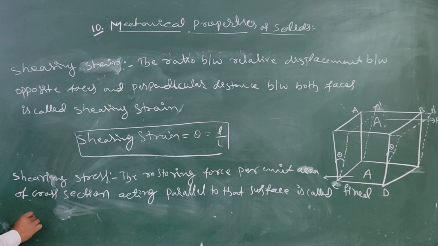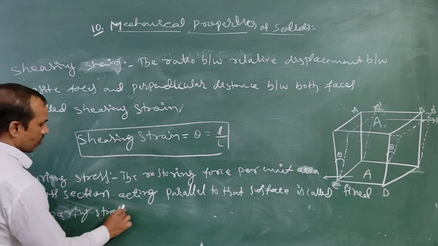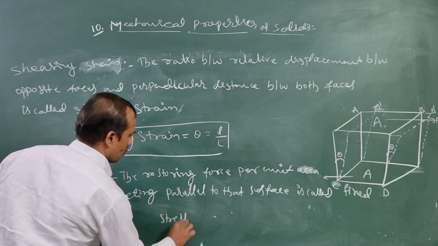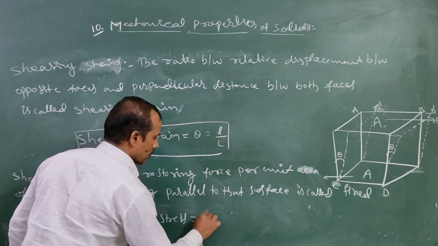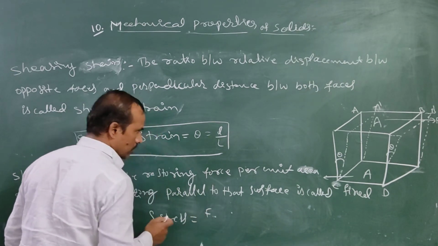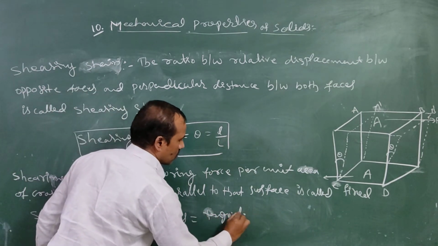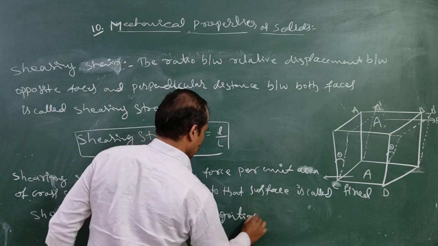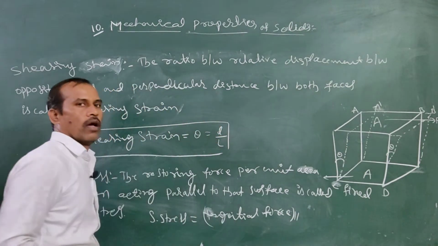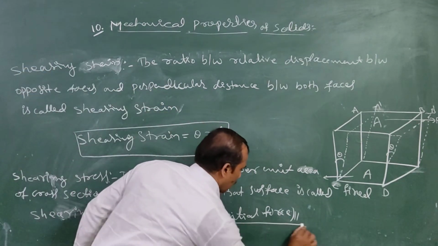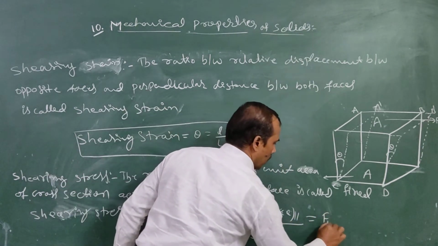Okay, rigidity, shearing stress. So shearing stress is equal to tangential force, this force parallel to the surface, by surface area, that is equal to parallel force by area.